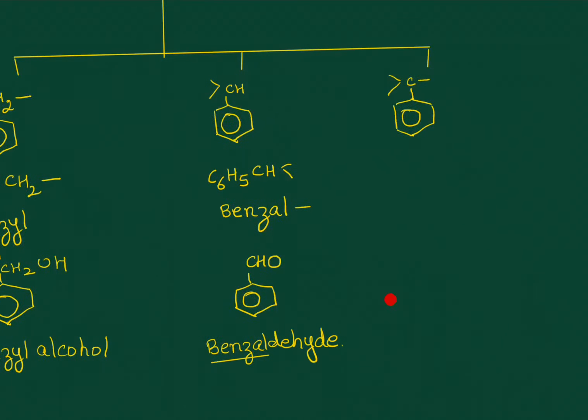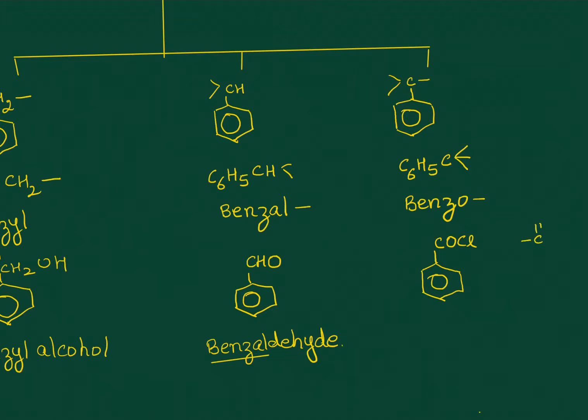Come to the last one, where all 3 hydrogens of the side chain are replaced. So C6H5C, and there are 3 free valencies, right? So we will use the word benzo for this. So for example, I will have COCl.